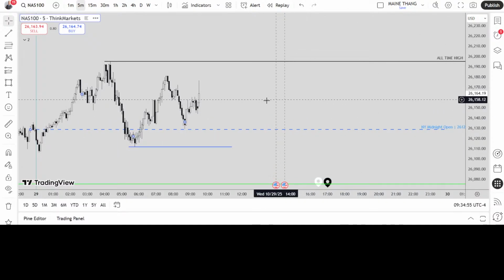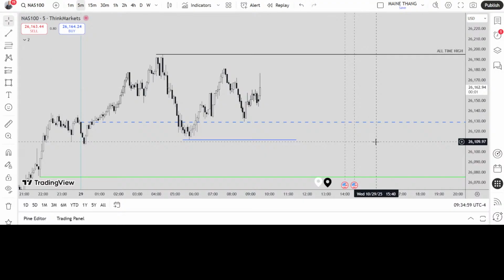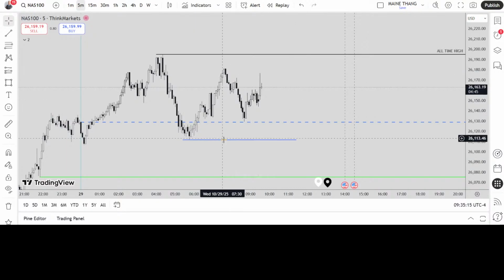All right. Opening candle didn't do too much. Didn't do much at all. Broke this minor high here.